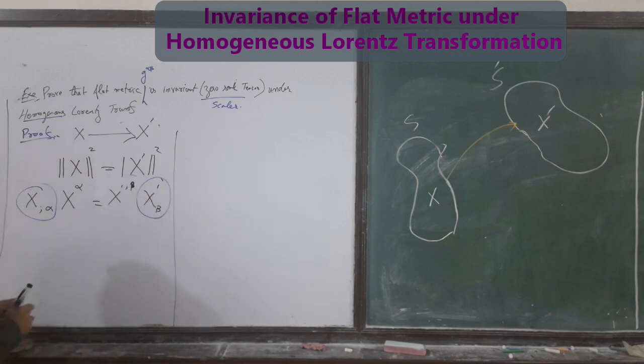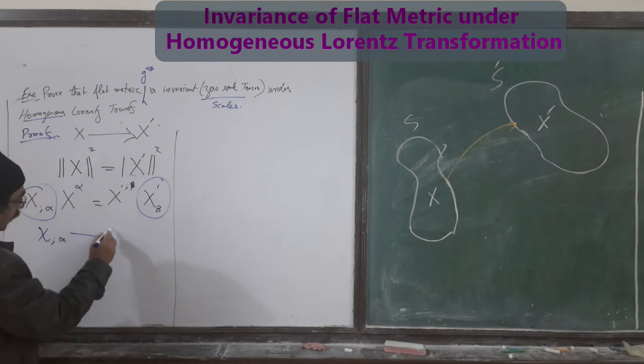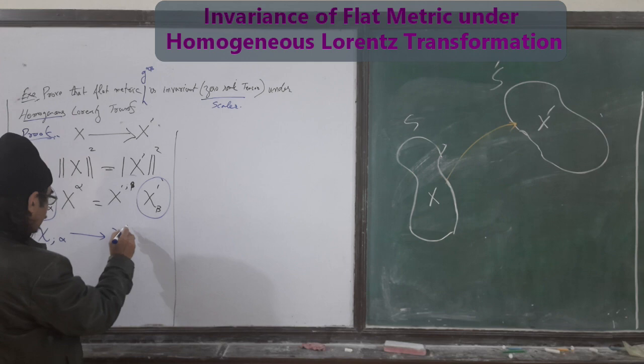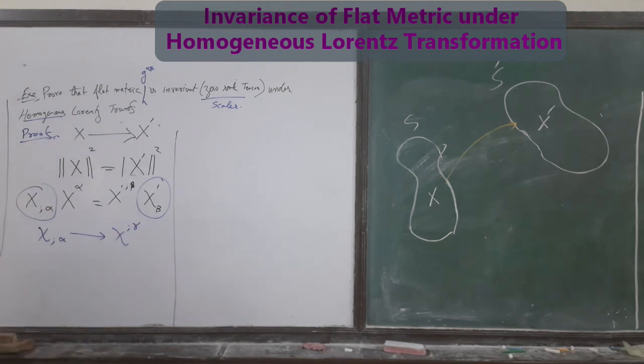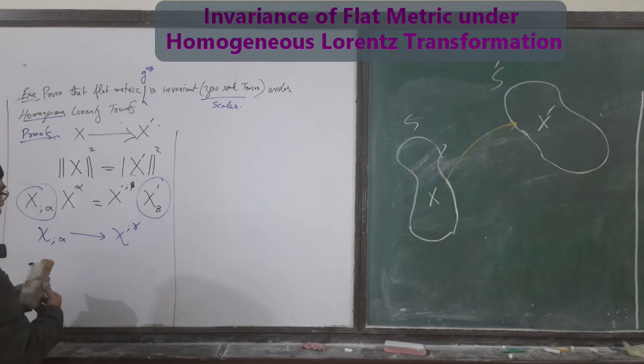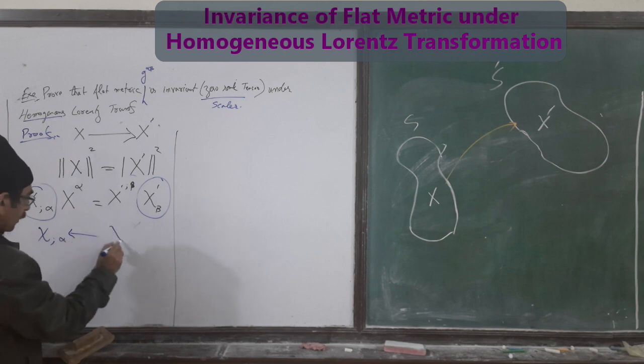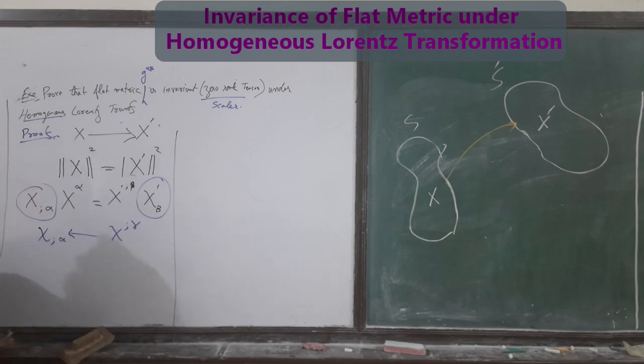Firstly, we will convert these two into contravariant. So x alpha into gamma.